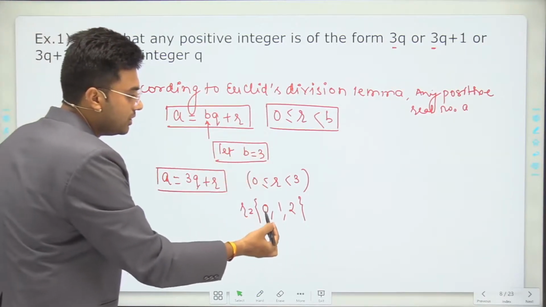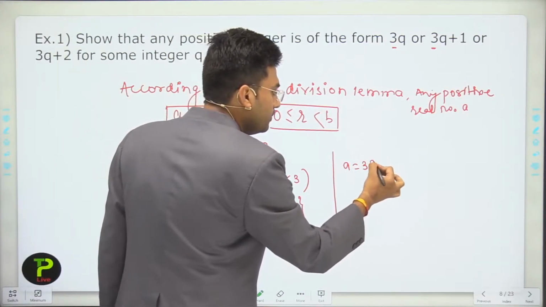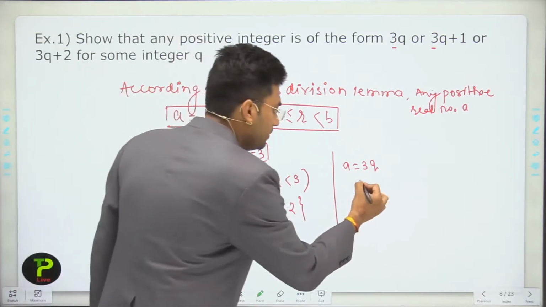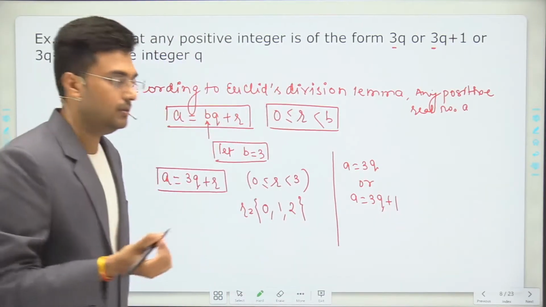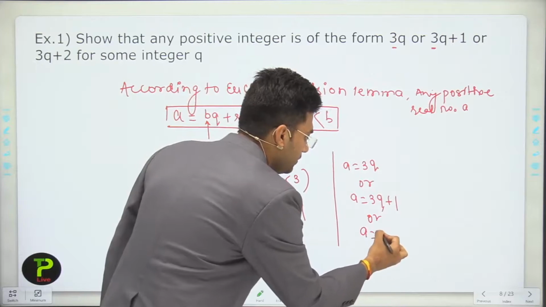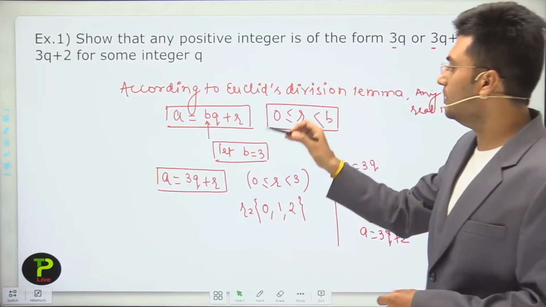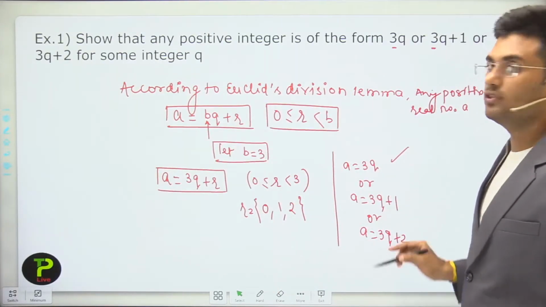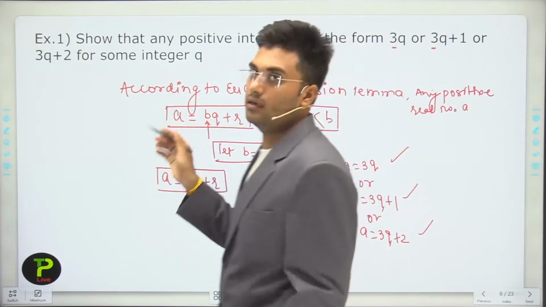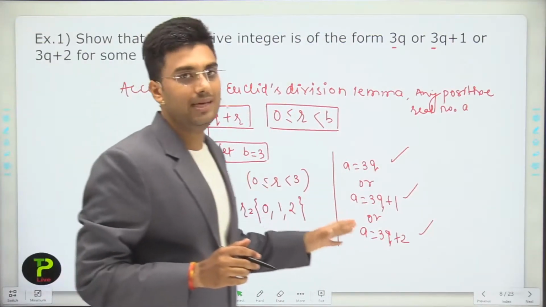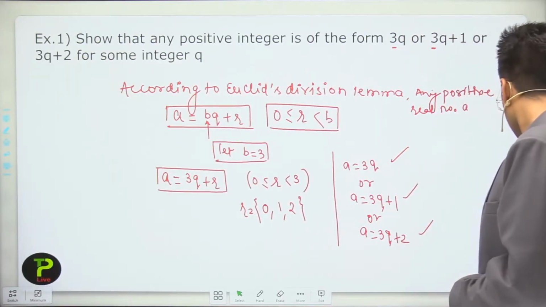And if r is equal to 0, 1 and 2, so we can write a is equal to 3q, or a is equal to 3q plus 1, or a is equal to 3q plus 2. So now we show that any positive real number can be written in the form of 3q, 3q plus 1 and 3q plus 2 by using Euclid division lemma, where q is any integer. Clear? Now after this example, let's move to the next example.